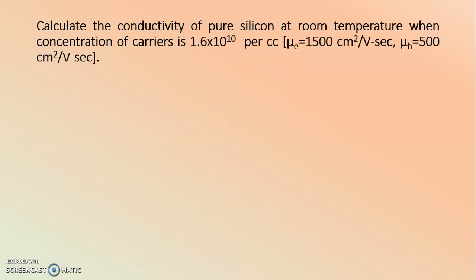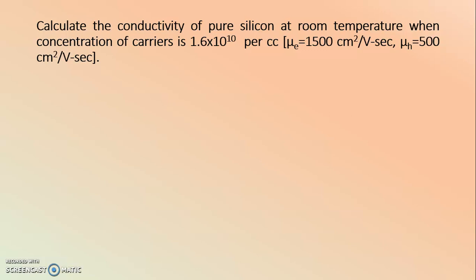Calculate the conductivity of pure silicon at room temperature when the concentration of carriers is 1.6 into 10 raised to 10 per cc.